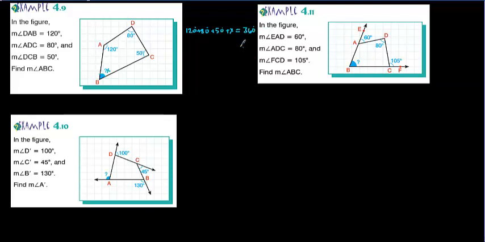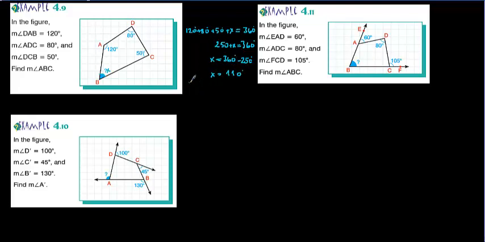So we can find the value of x here. 120 plus 80 is equal to 200, plus 50 is equal to 250. 250 plus x is equal to 360 degrees. So x is equal to 360 minus 250, which is equal to 110 degrees.